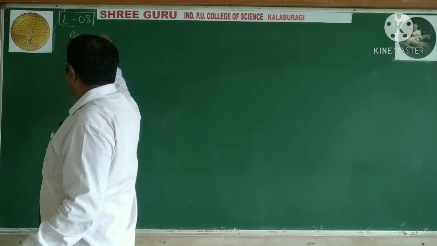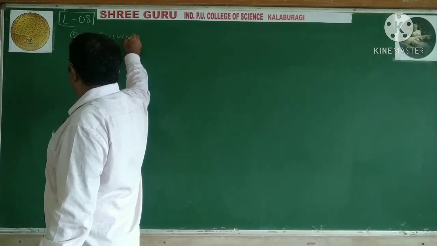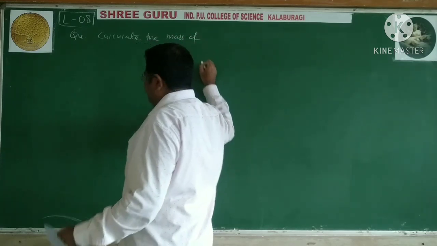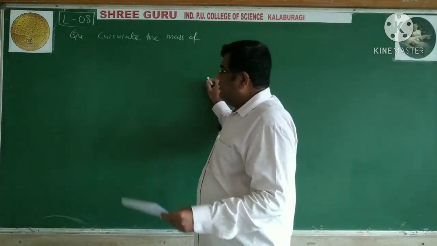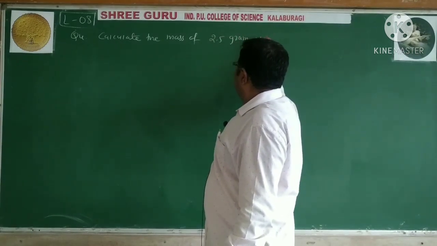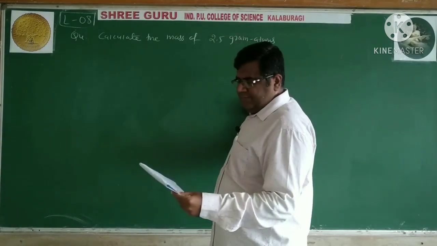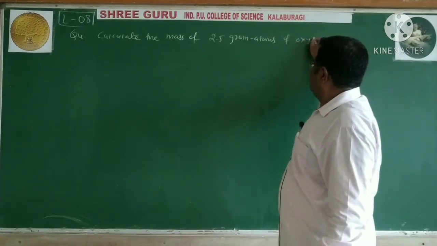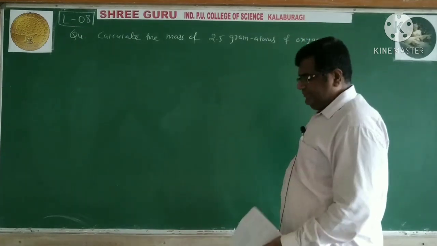Calculate the mass of 2.5 gram atoms of oxygen.